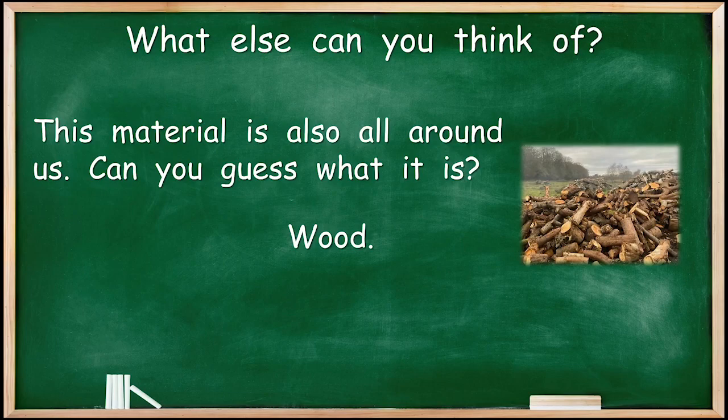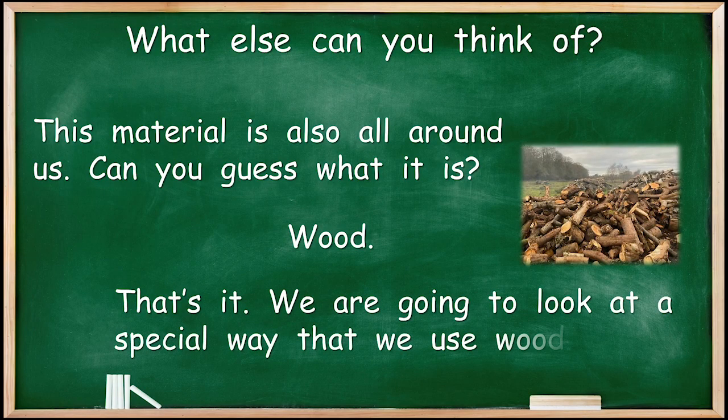Wood. It's great. And you just look around you now. Can you see things that are made of wood? I'm sure you can. That's it. We are going to look at a special way that we use wood.